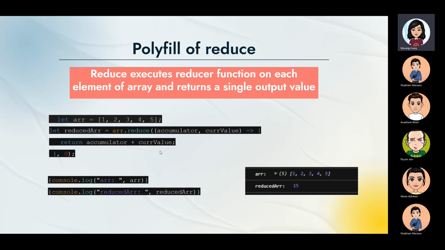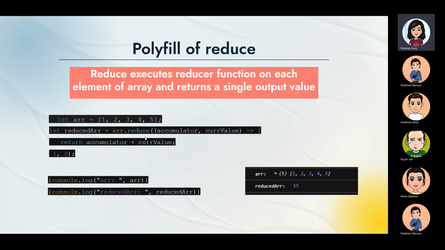Starting from the beginning, in my example I have provided the initial value 0. So accumulator has value 0 and current value has the first value of the array, which is 1. Then we perform the action, returning accumulator plus current value, so 0 plus 1, and the result is stored in the accumulator.